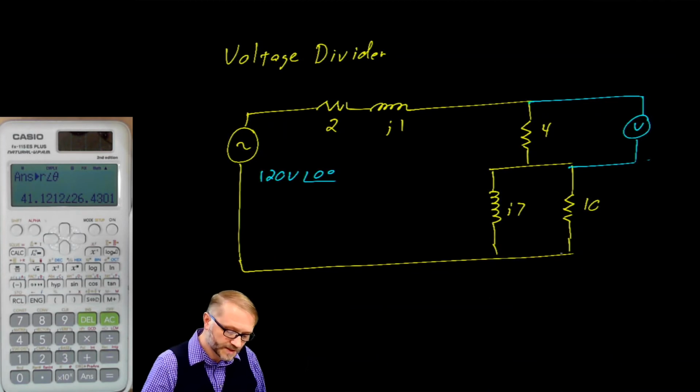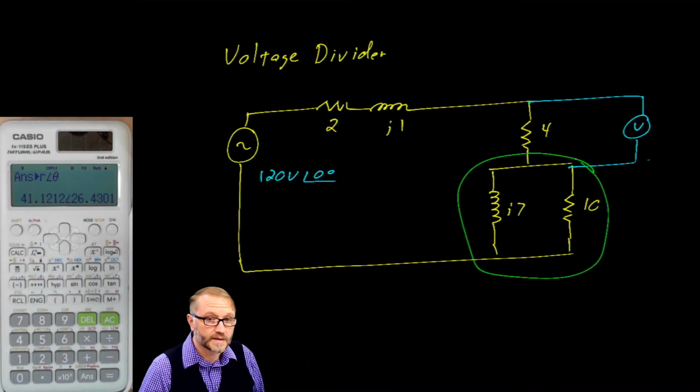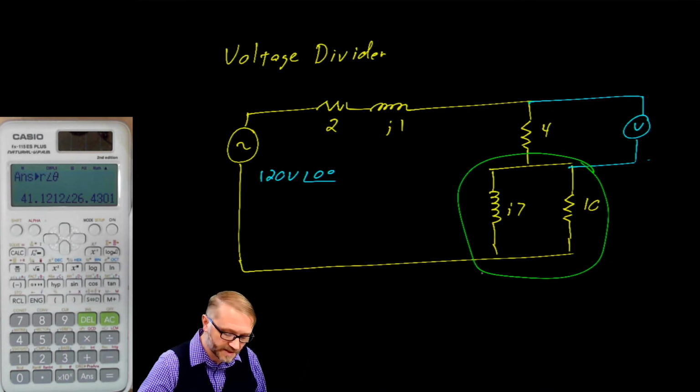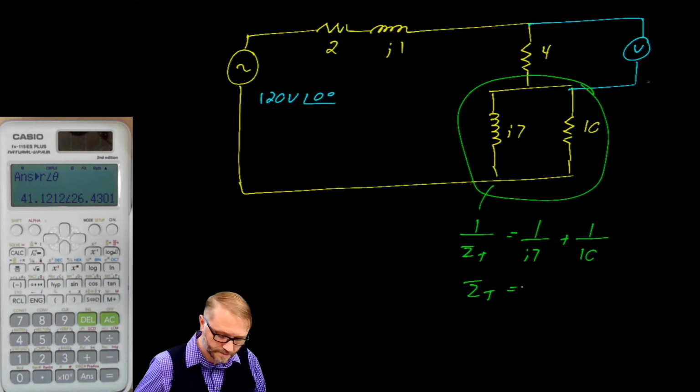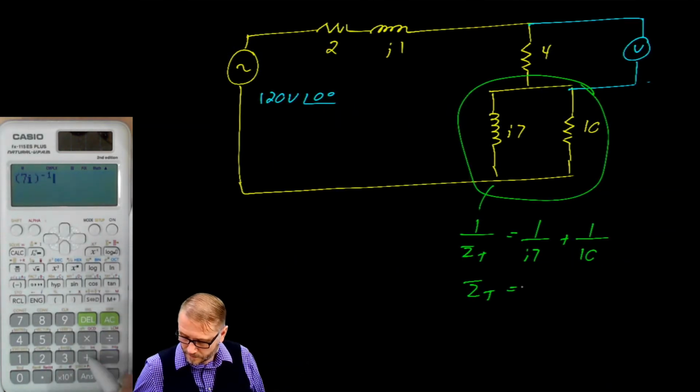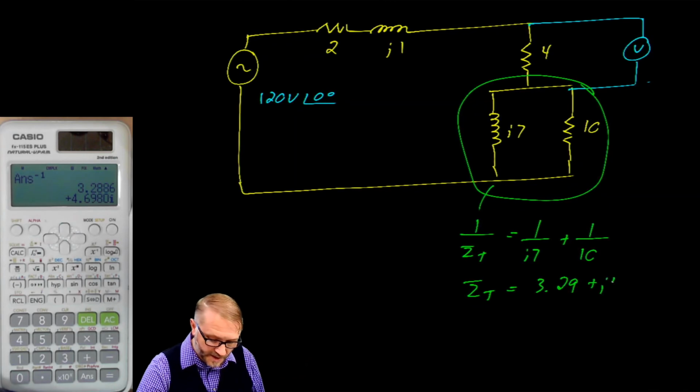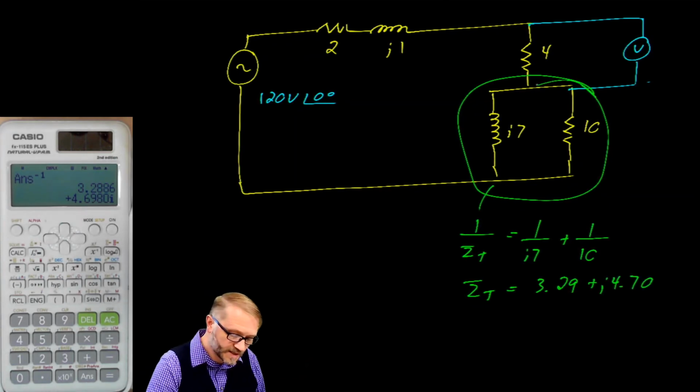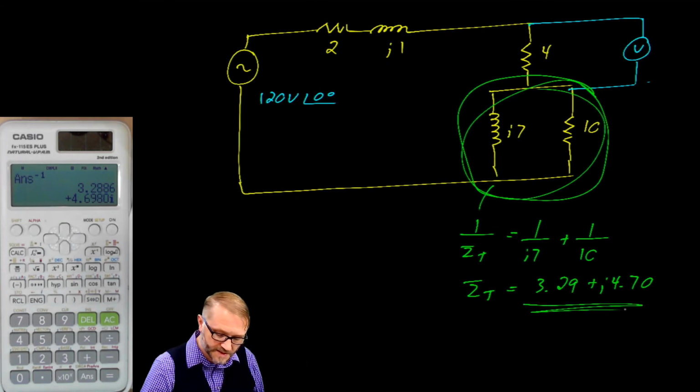This problem is relatively straightforward except for this piece here. As our opening move, we're going to want to convert that to a series impedance. So that's 3.29 plus J4.70. So anywhere you see this in your calculation, replace it with this and you'll be in good shape.